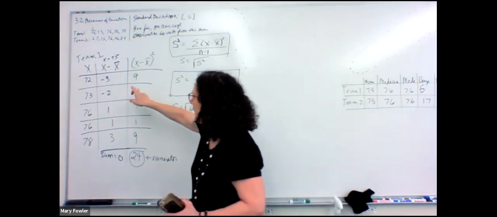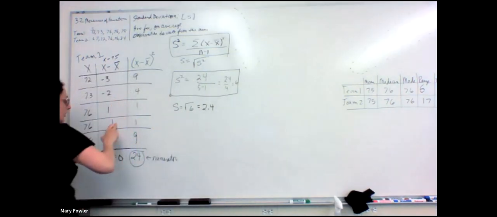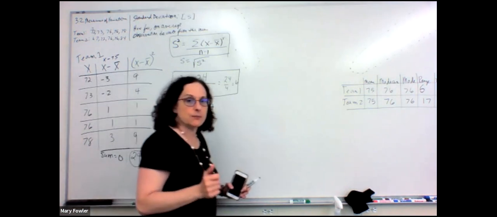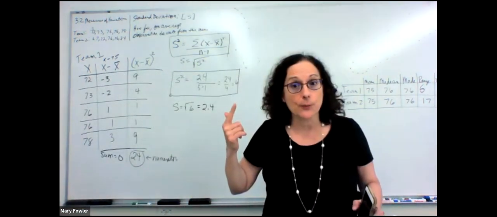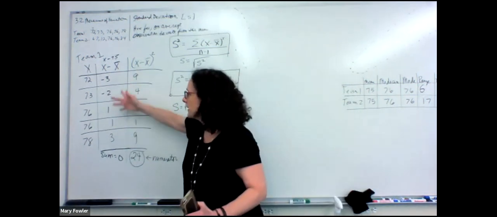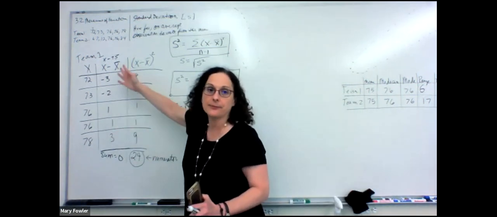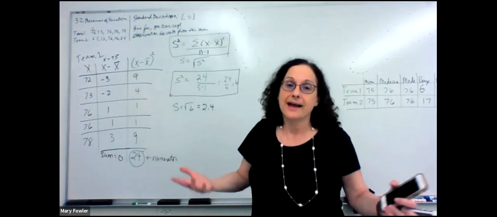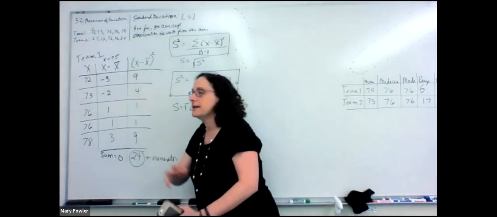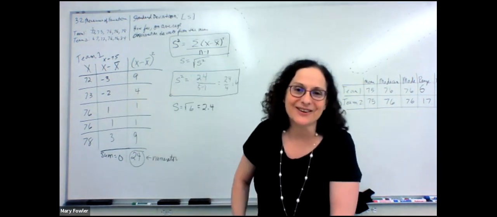So if we look at these deviance here and think about just their absolute values, it's important to confirm that 2.4 could possibly be some measure of center of the absolute values of the deviance. And in fact, the deviance go from 3 to 1, and 2.4 is in the center of that.